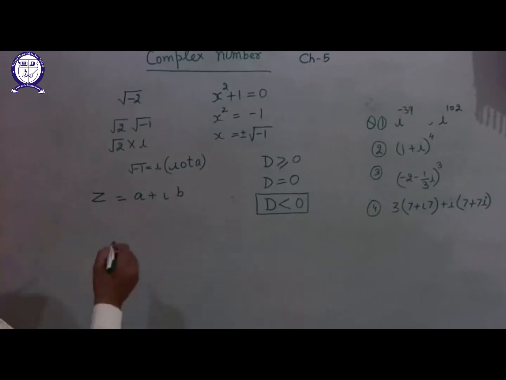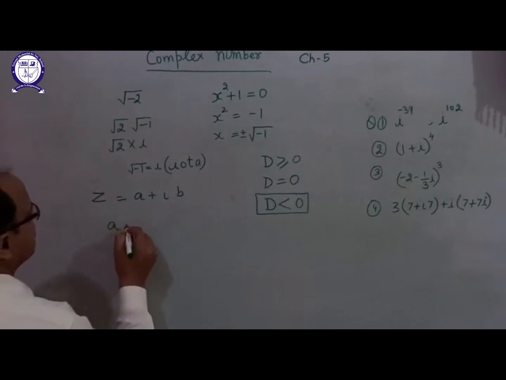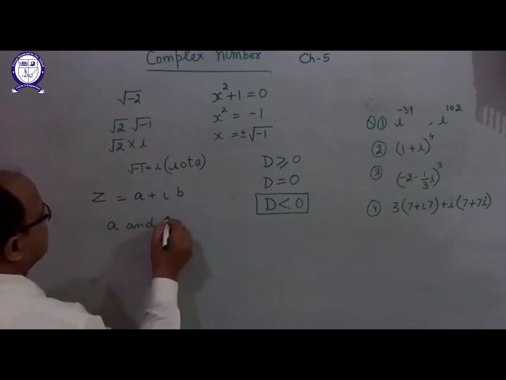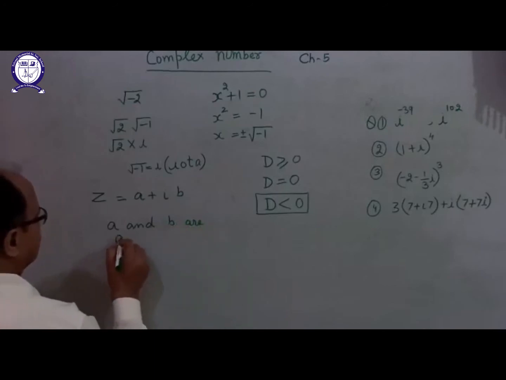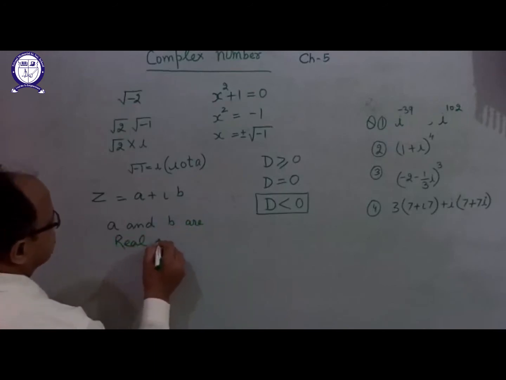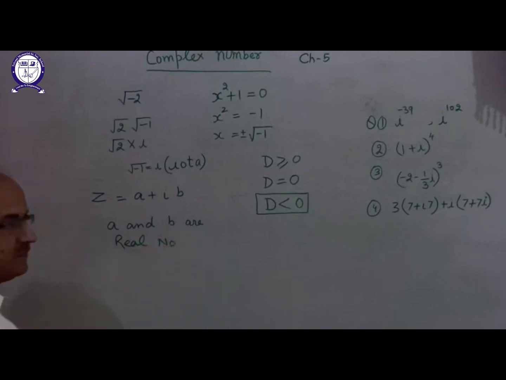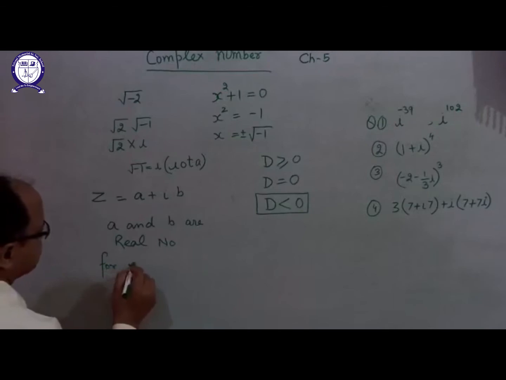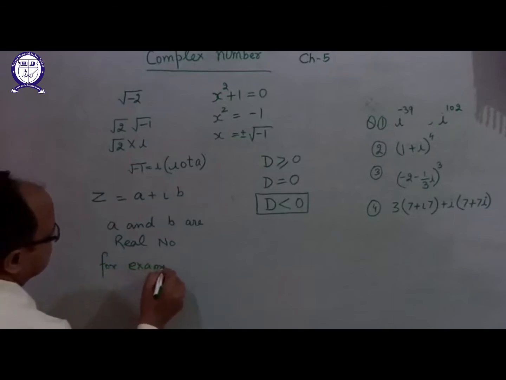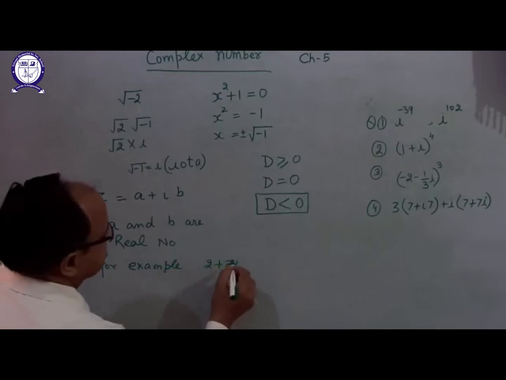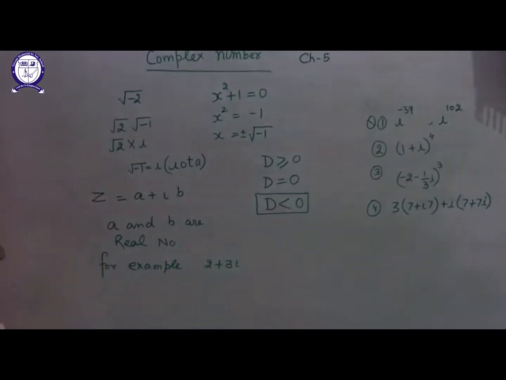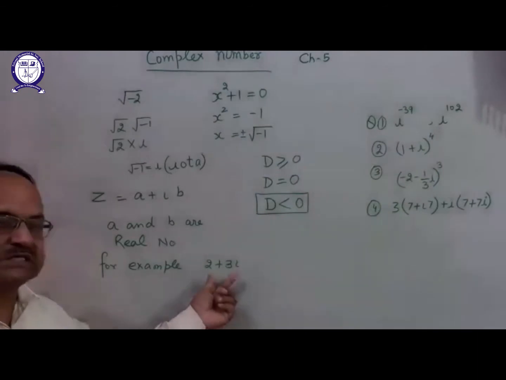A and B are real numbers. Clear? For example, you can say 2 plus 3 iota. It is a complex number.